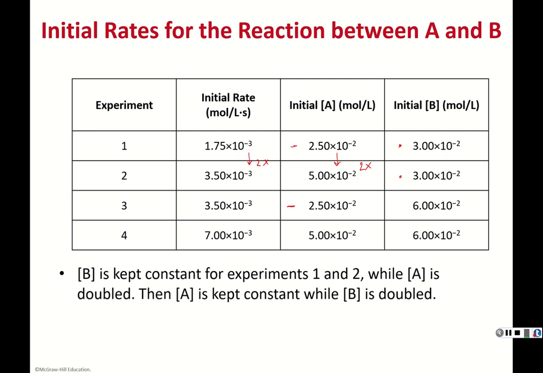The concentration of A has been kept constant. The concentration of B has doubled. And you see that the rate going from 1 to 3 has also doubled. And then the fourth experiment, we've doubled both of them. If you compare experiment 1 to experiment 4, you double both of them, and you get about 4 times the rate compared to experiment 1.